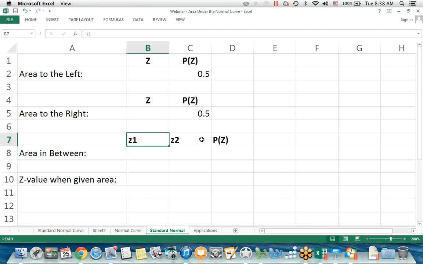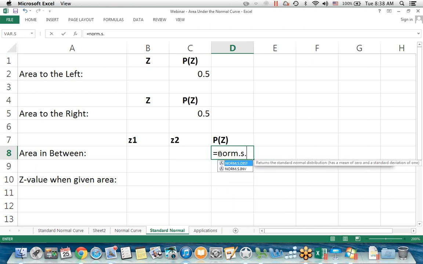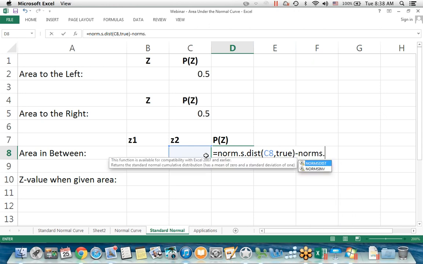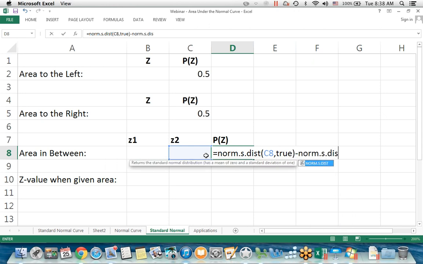If z1 is the smaller number and z2 is the larger number, remember, I'm going to type in norm.s.dist, open parentheses, the larger number, comma, true, minus the same formula, but this time using the smaller number, comma, true.